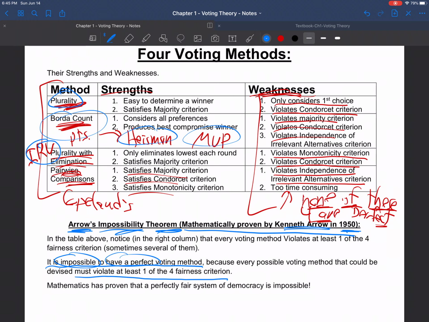The United States presidential elections are using plurality, and that's not working that well, so maybe change will come in time with the understanding of the mathematical problems with the plurality method. So there's a quick overview of this chapter. We're learning math that will help us determine the will of a crowd. Voting theory is what this chapter's about.